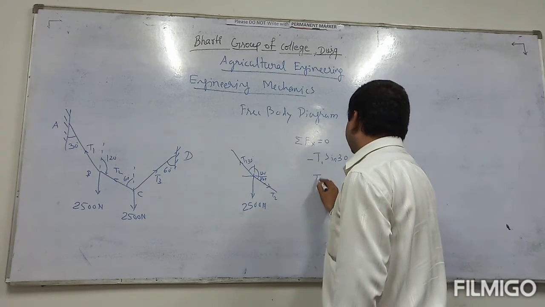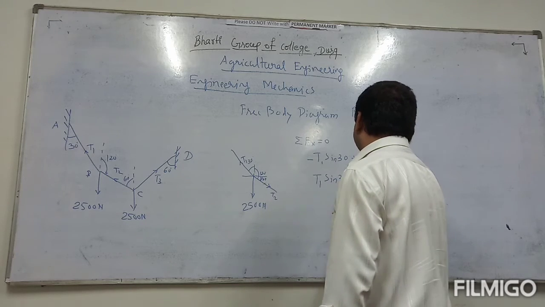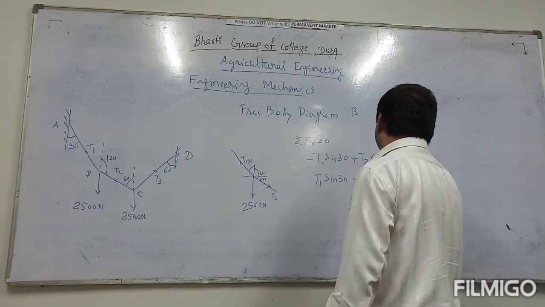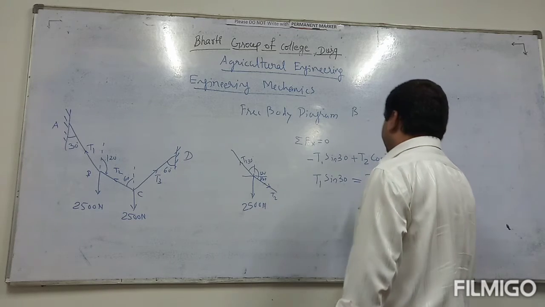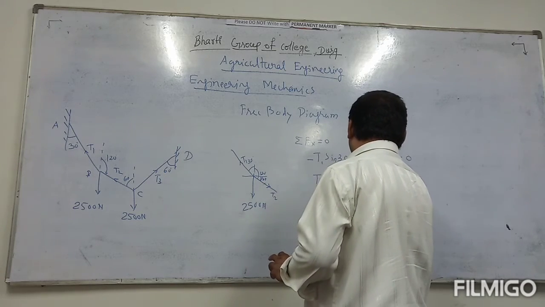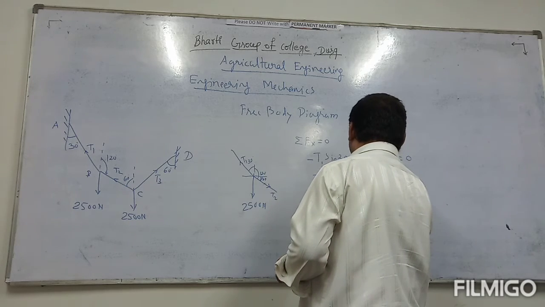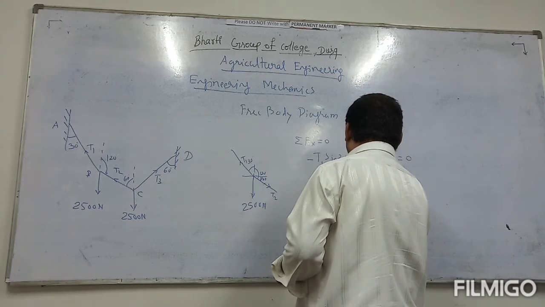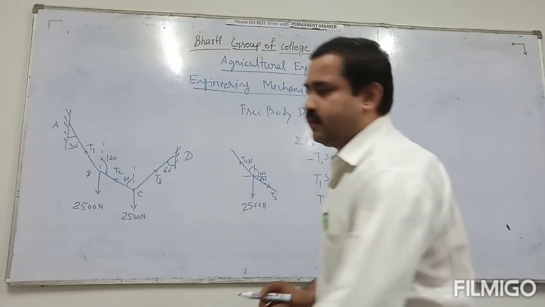So T1 sin 30 equal to T2 cos 30, T1 equal to T2 cos 30 by sin 30.